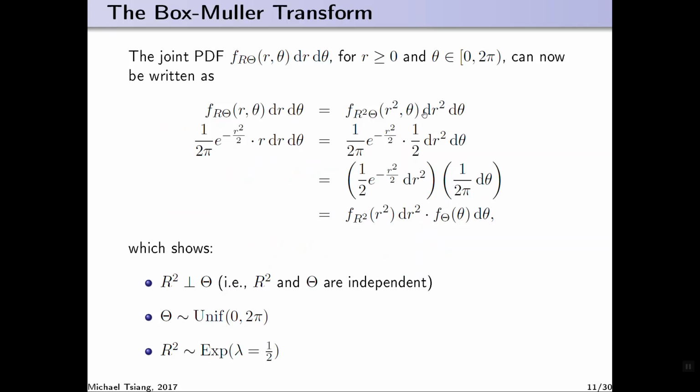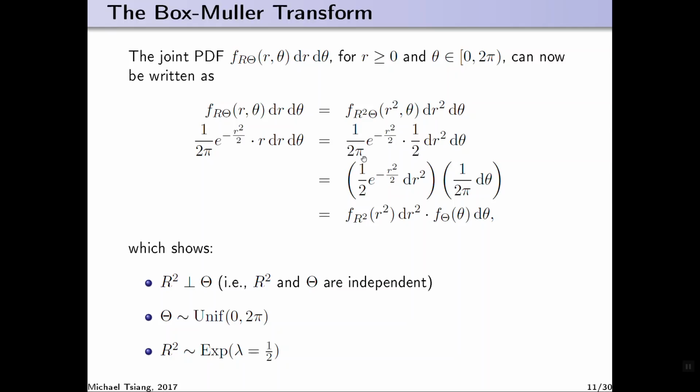And so we have swapped out this thing, so we're changing it to r squared, and we're going to replace the r dr with a 1/2 d r squared. Okay, so we went from x and y to r and theta, and we're going from r to r squared, and this is what we end up having.